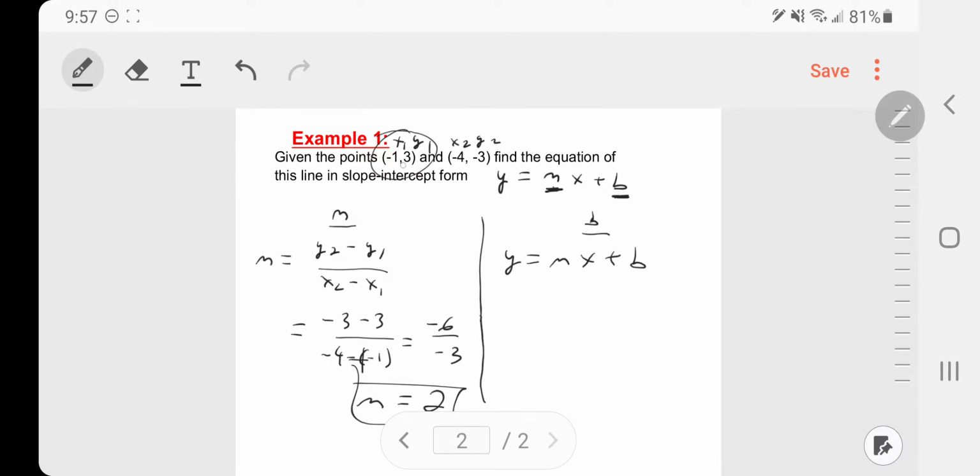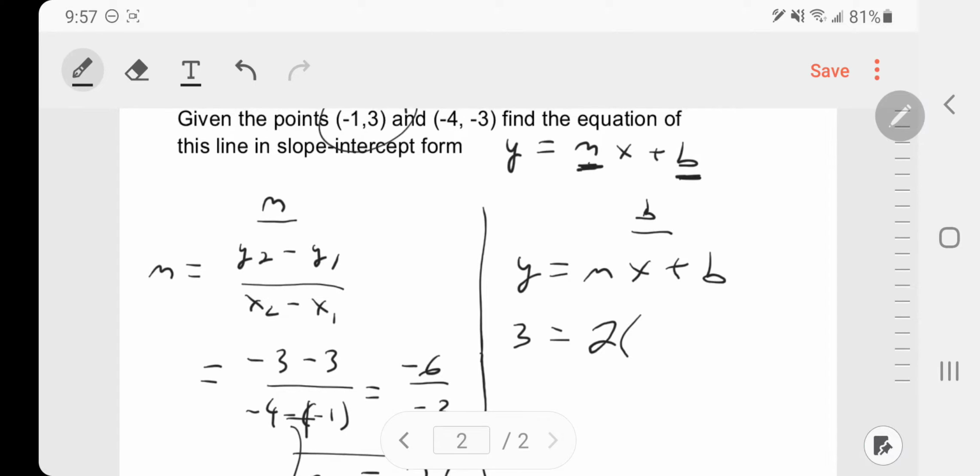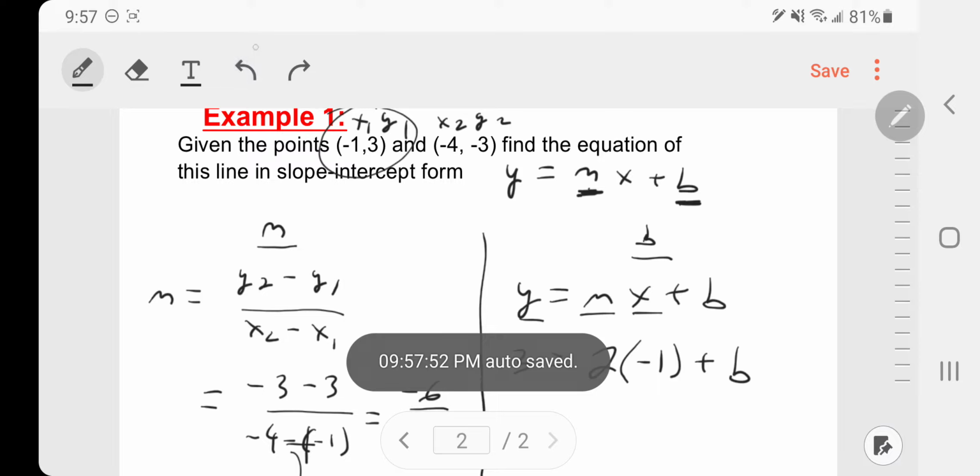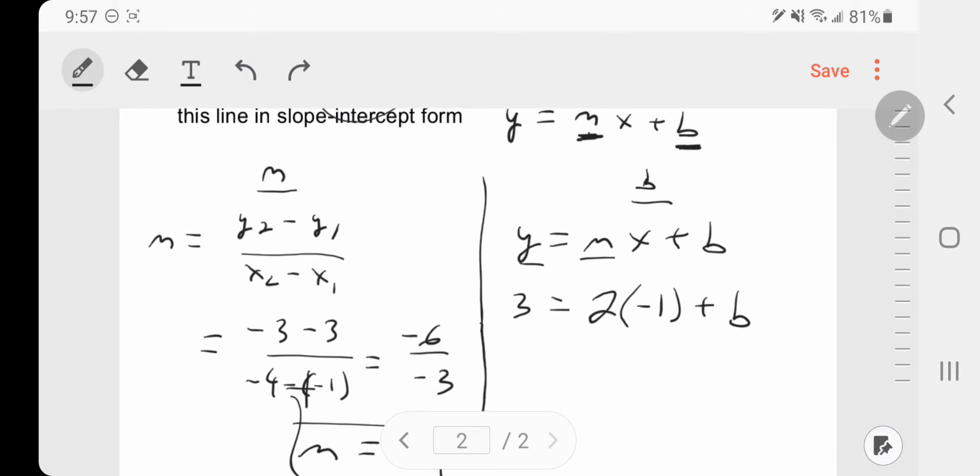Our y coming from up here is 3. Our m from over here, which we solved for, is 2. And we have our x1, which is -1, plus b. So I plugged in my y, my m, my x, all from info that I was given or solved for.